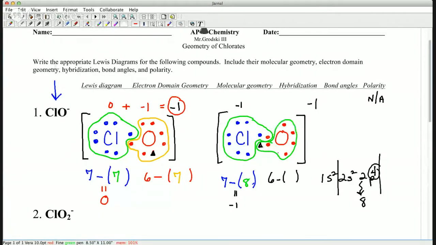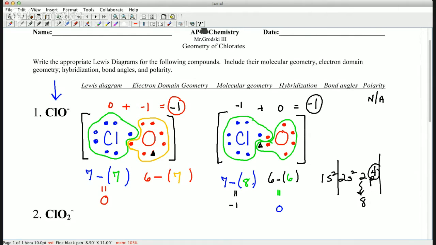So I get 1, 2, 3, 4, 5, 6. 6 minus 6 gives me that 0. So the formal charge of oxygen is 0. Like we said, oxygen wants a formal charge of 0. 0 is the best number. Okay, you notice if you add these together, we get the charge of the polyatomic ion, which still tells us that this could be a possibility.